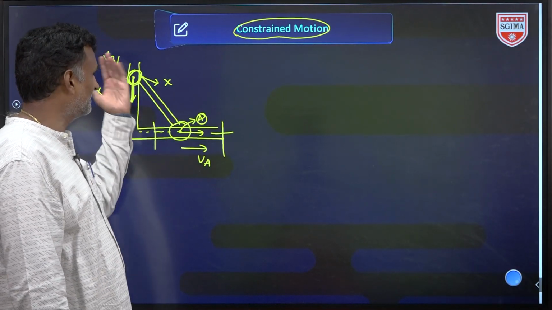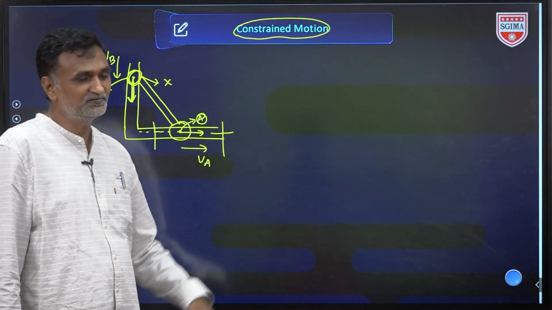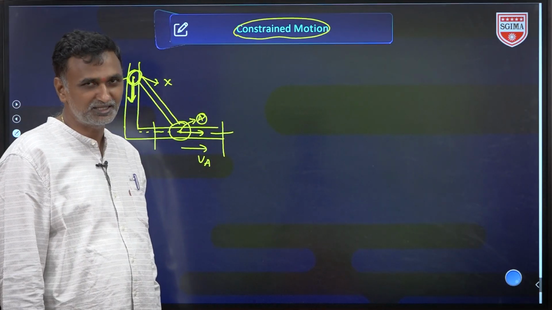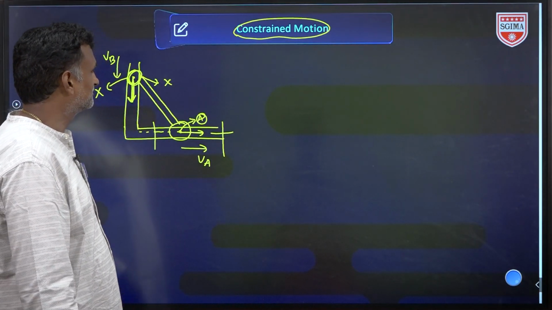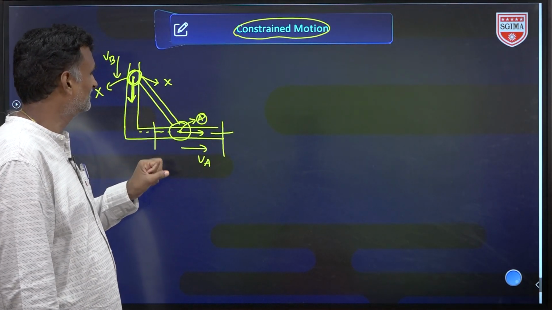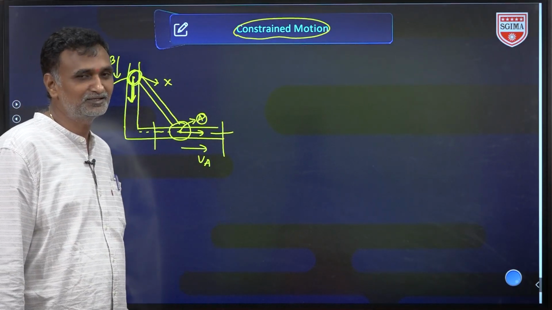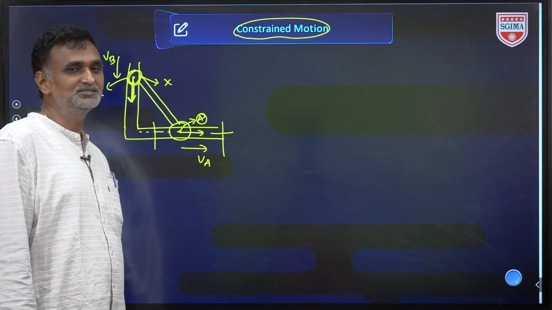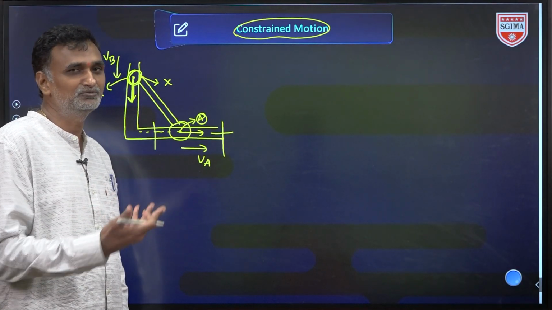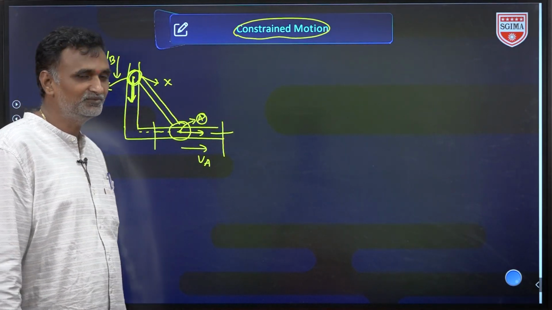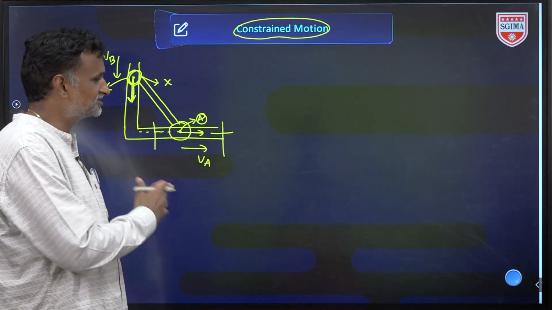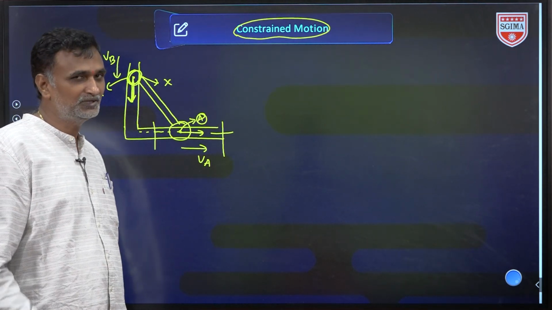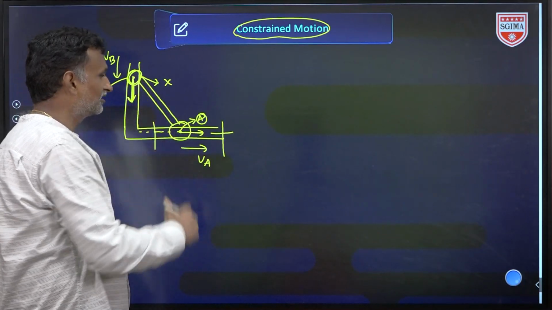To find this relation, we use different illustrations to understand the concept. If I ask whether VA and VB are the same or not, generally you may say VA equals VB. But as the illustrations and explanation go on, you will come to know how these are related.